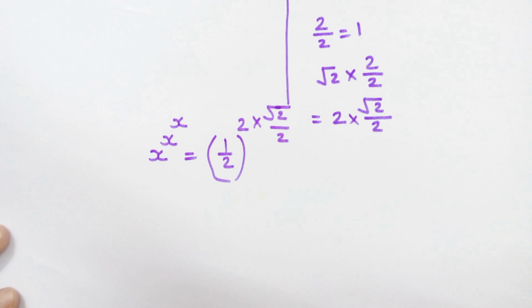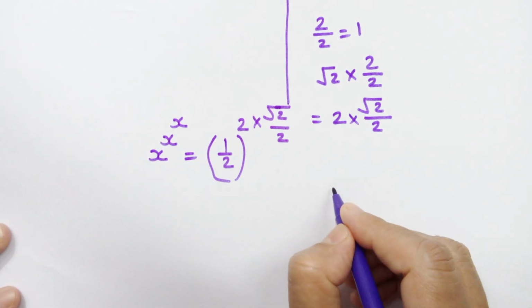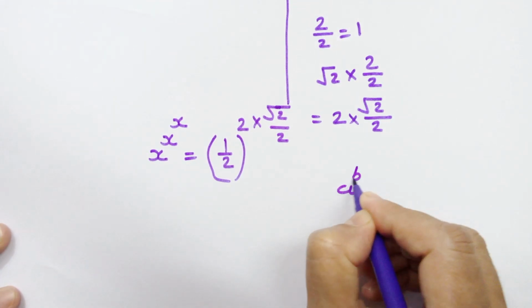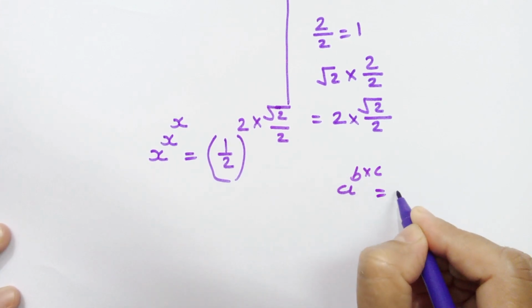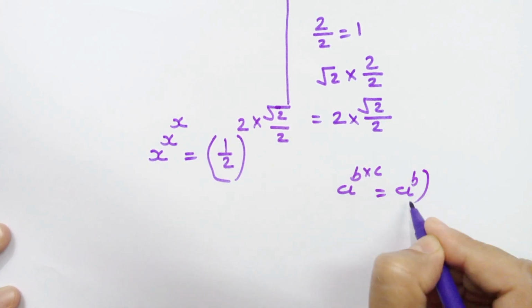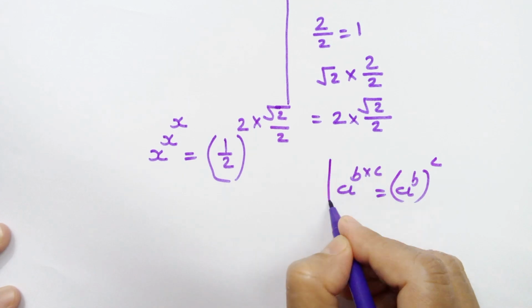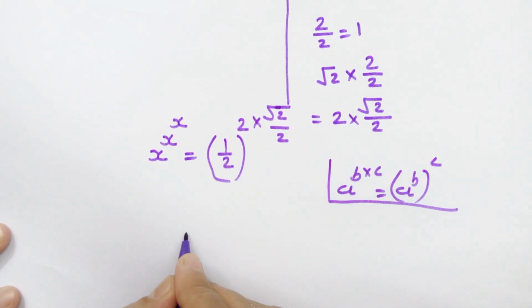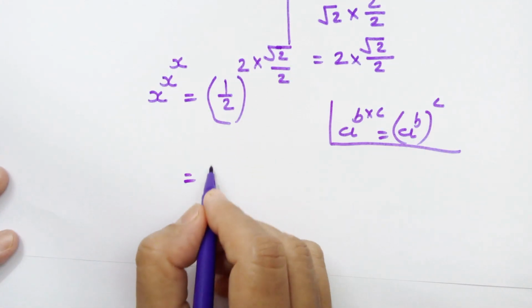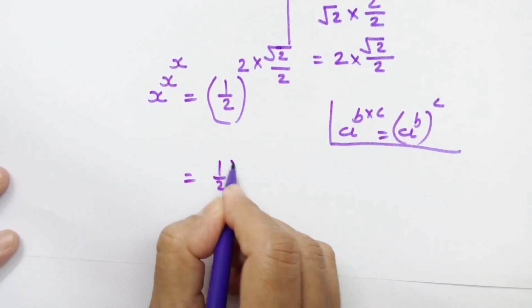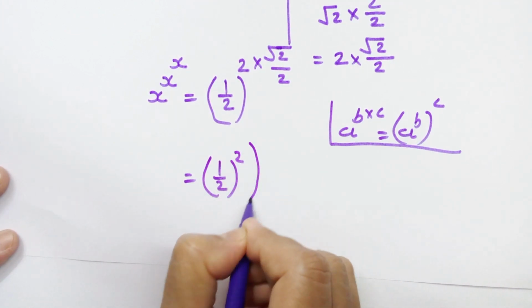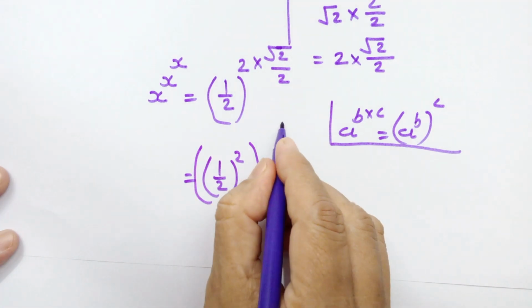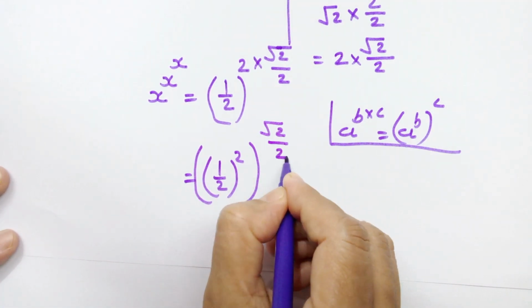Now if we have a raised to b into c, then we can write a raised to b whole raised to c. By using this rule on this side, we can write is equal to 1 upon 2 whole raised to 2 whole raised to under root 2 upon 2.